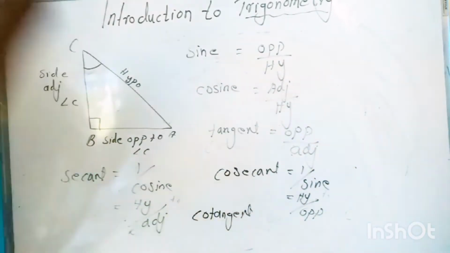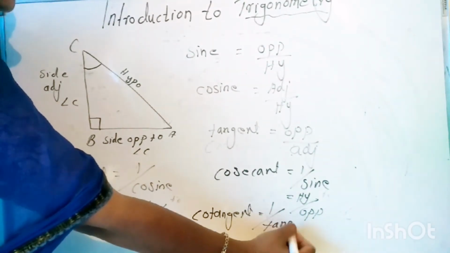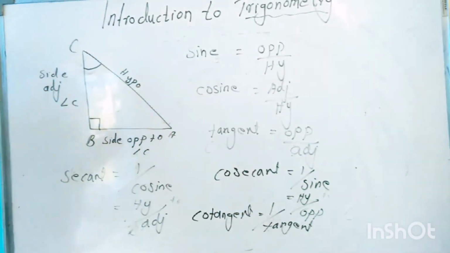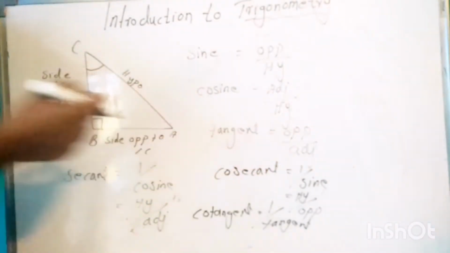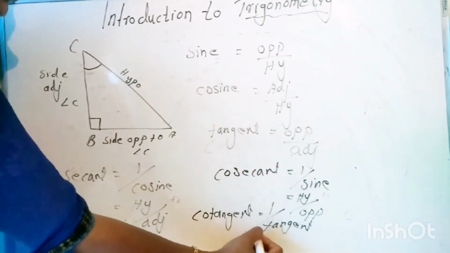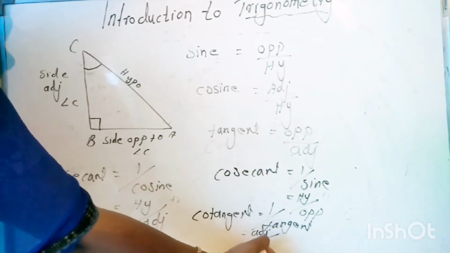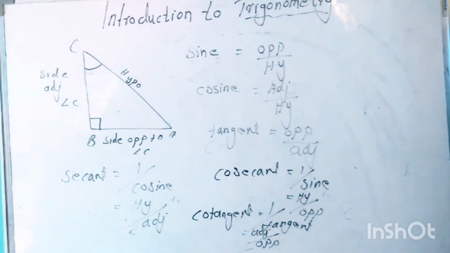Cotangent is 1 by tangent, and tangent is opposite side divided by adjacent side. Then cotangent is adjacent side divided by opposite side.